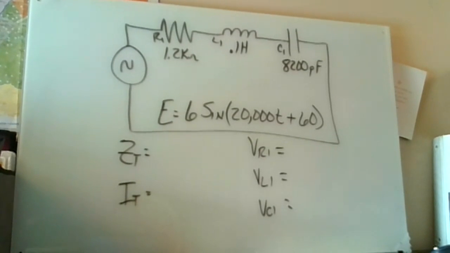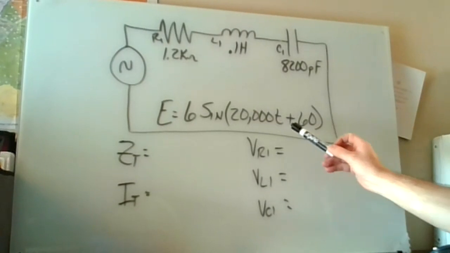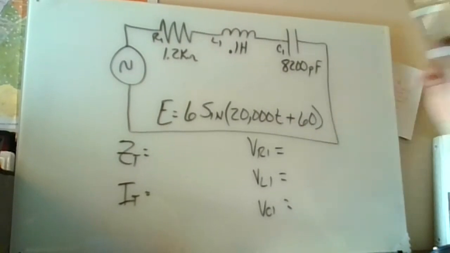So what was the first thing I told you to look at? When you do these circuits, the first thing is my voltage source, right? So what form of voltage did I give you here? It's AC. What form is this in?